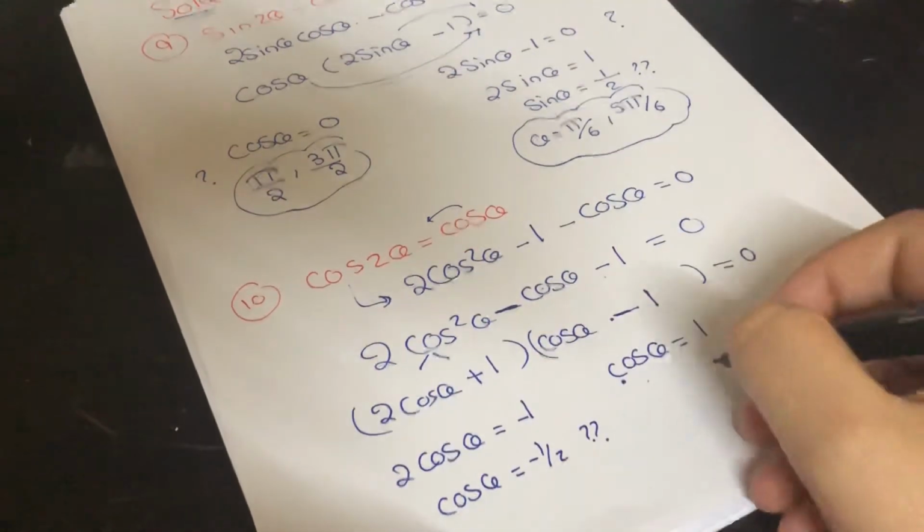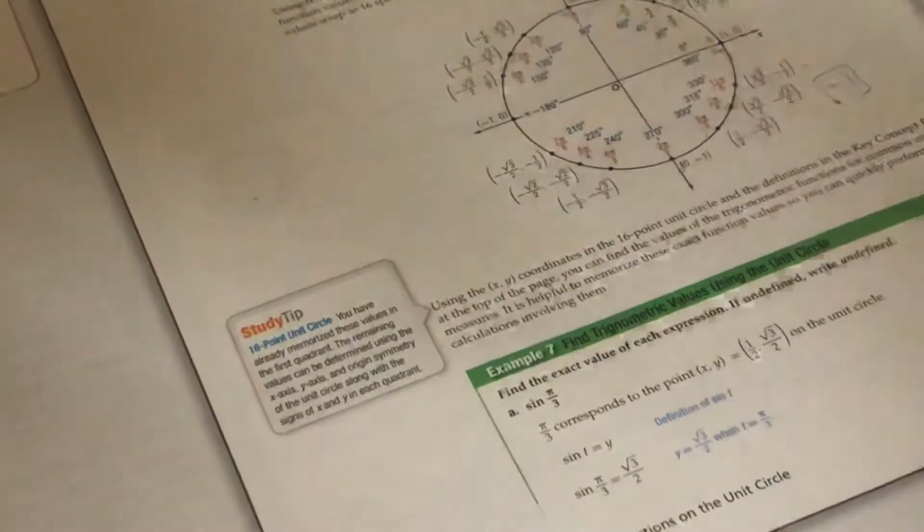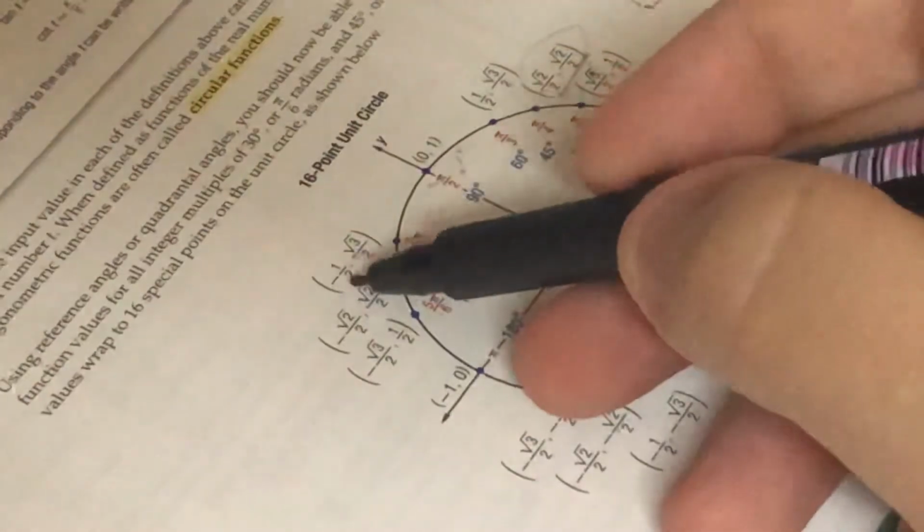Where on the unit circle? And here, where is cosine theta equal to 1? Cosine theta is equal to negative half. Then when is cosine negative anyway? Cosine is negative over here and over there. And cosine is negative half in, cosine is the x, right?